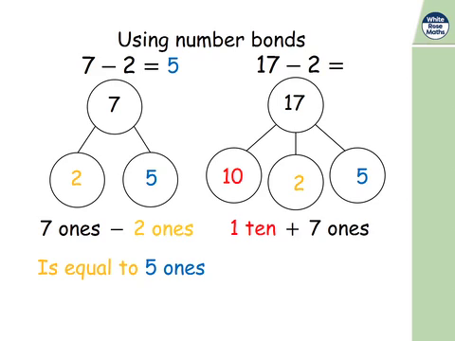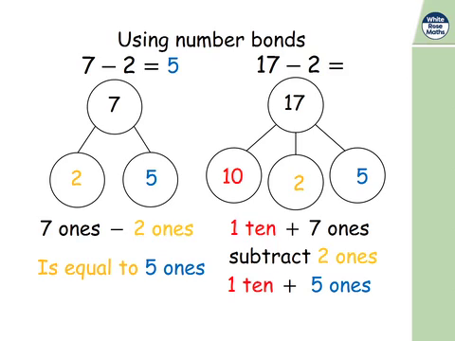Okay, if 1 ten and 7 ones, then we need to subtract 2 ones. We can see here that we're left with 1 ten and 5 ones, which is, of course, 15.